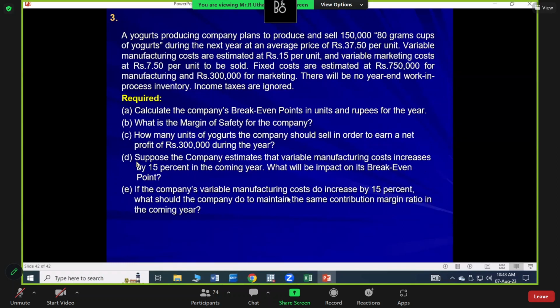If the variable manufacturing cost does increase by 15%, what should the company do to maintain the same contribution margin ratio in the coming year? So everyone take down in your exercise book and try to answer it with your own effort. I will discuss the answers in the next meeting, which is on Wednesday.